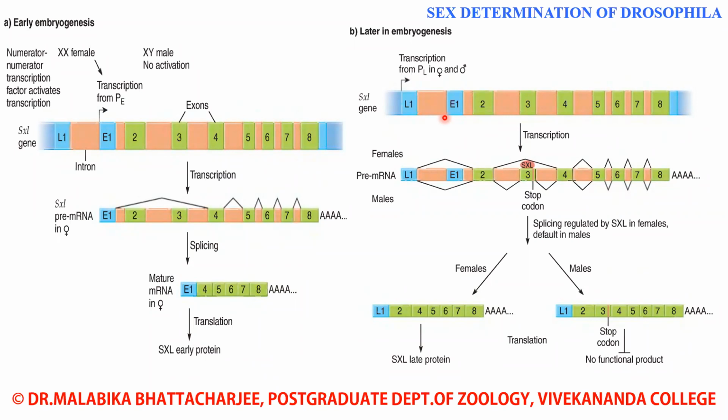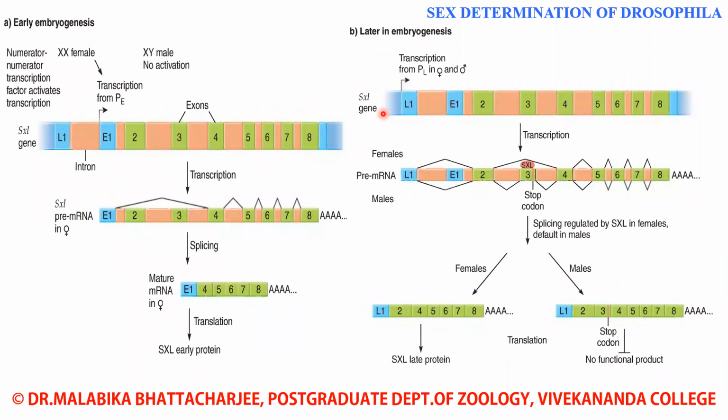What happens? So later in embryogenesis, in absence of this phenomenon, this occurs. This is a default system that is operative. Later in embryogenesis, that is after gastrulation, the SXL gene is transcribed constitutively. That is, it is the default.